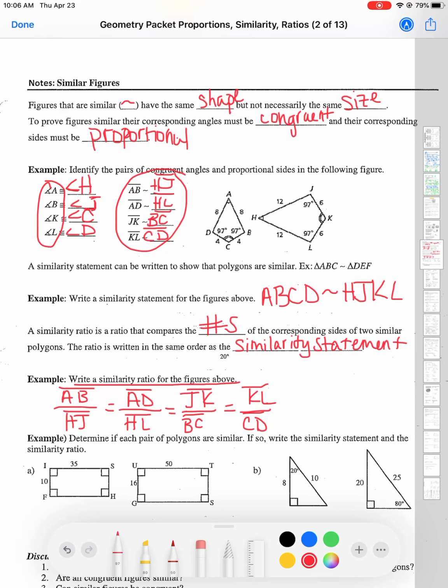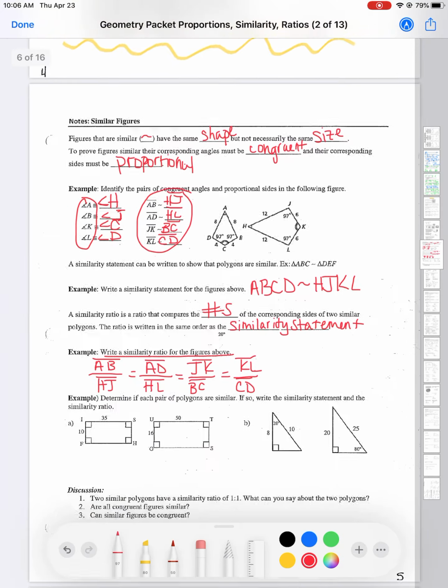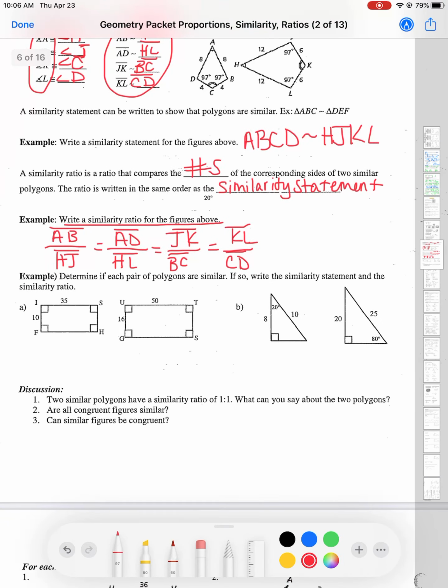So basically what I did is I took the sides from up here and I put them in fraction form. And I set them all equal because we know since they're similar, they're proportional. They're gonna be equal.